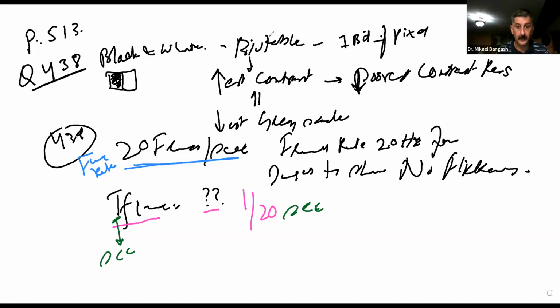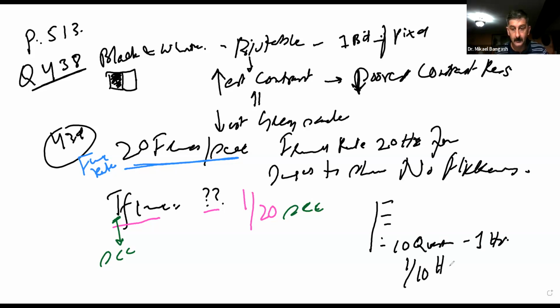Let's look at it this way. For instance, if we were able to answer 10 questions in 1 hour, it would take us 1/10 of an hour to answer one question.